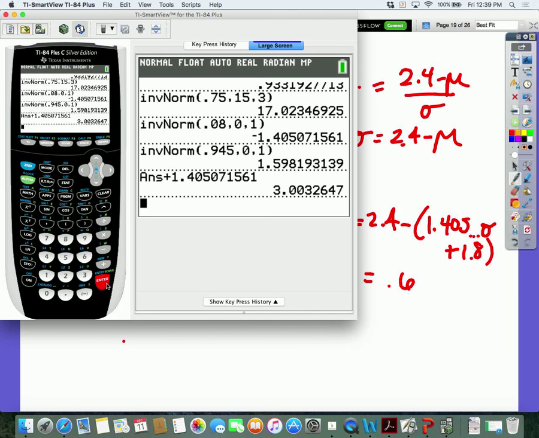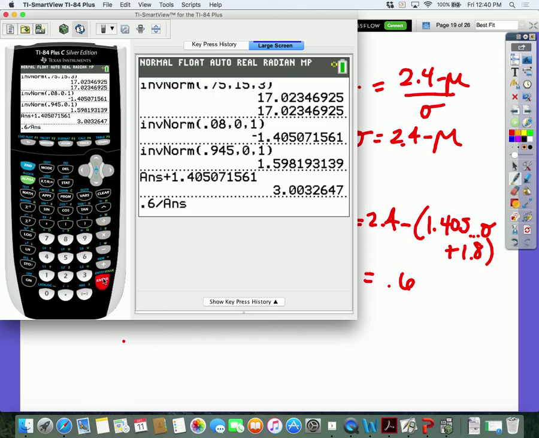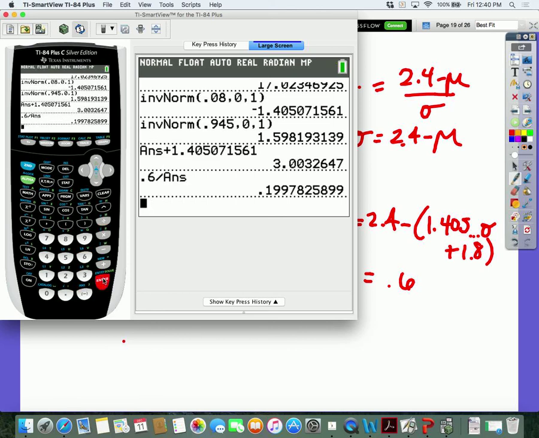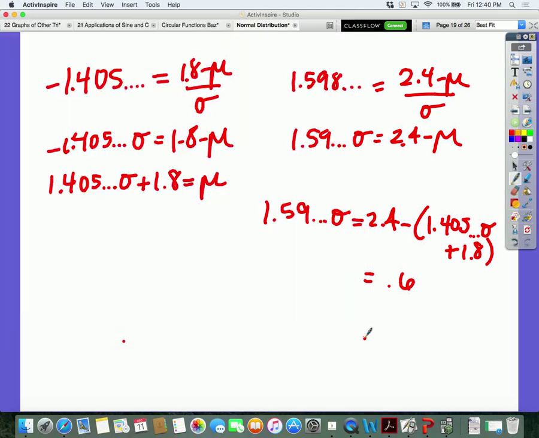This is what I have there. Then I'm going to divide 0.6 by that answer to get my standard deviation, sigma, by itself, and sigma is about 0.2.